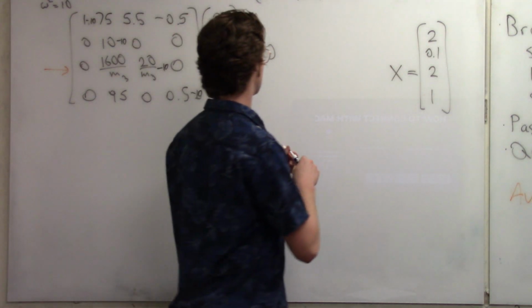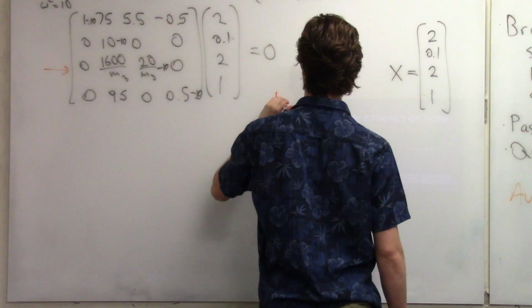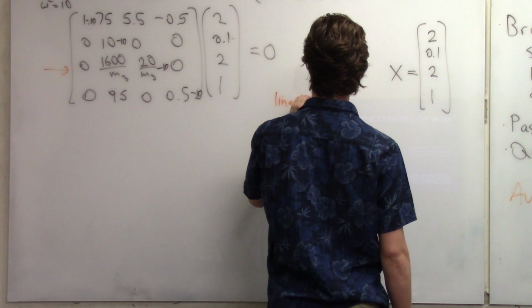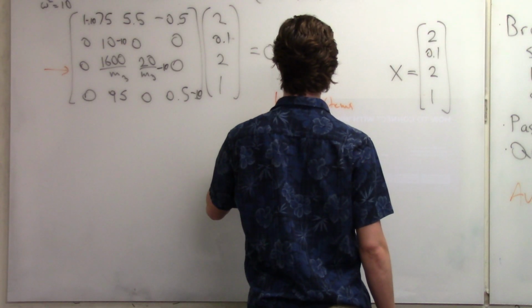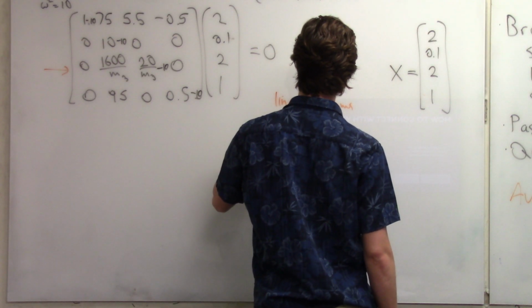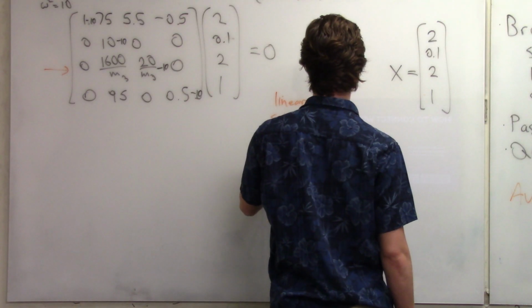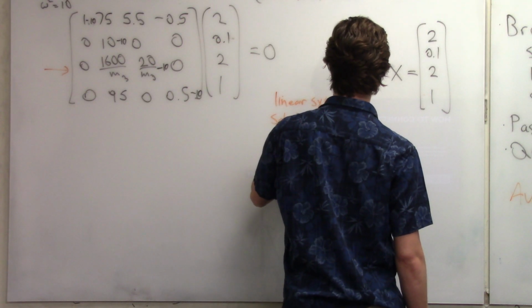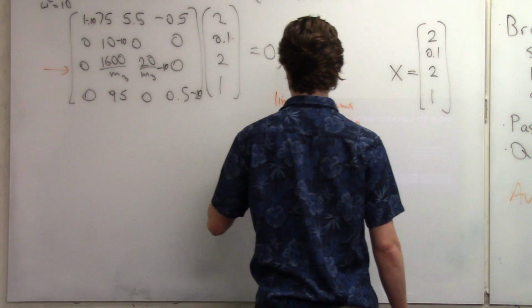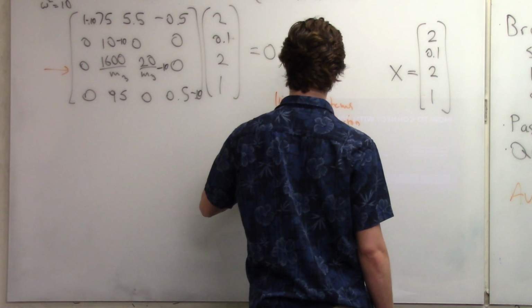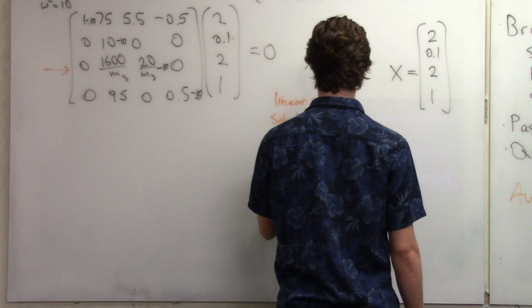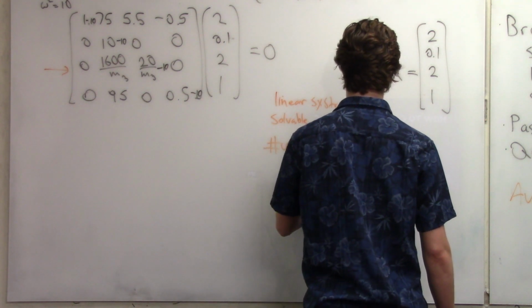So I'm going to write that actually. Linear systems solvable criterion, which is number of unknowns is less than or equal to the number of equations.